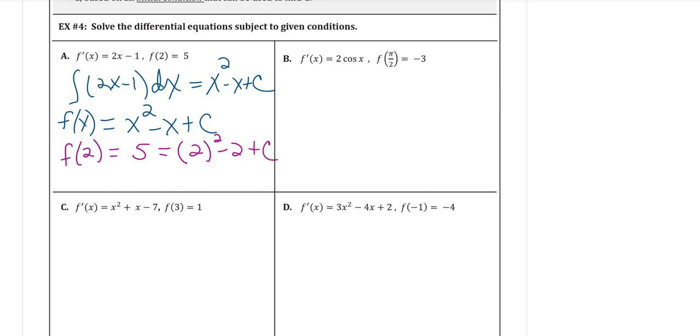So what we have is that we have 5 equals 4 minus 2, which is 2 plus c. So c equals 3. So our final answer, and I'm out of room, I'll write it at the top here, is f of x equals x squared minus x plus 3. So that is solving the differential equation.